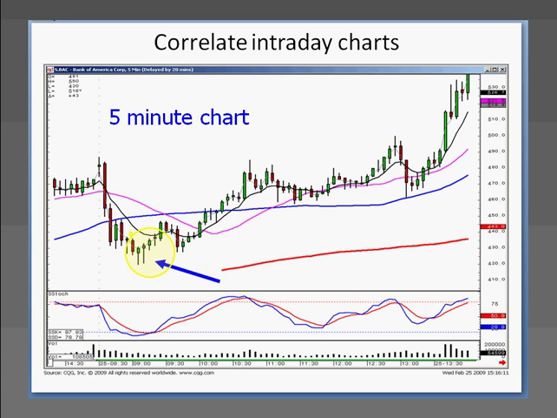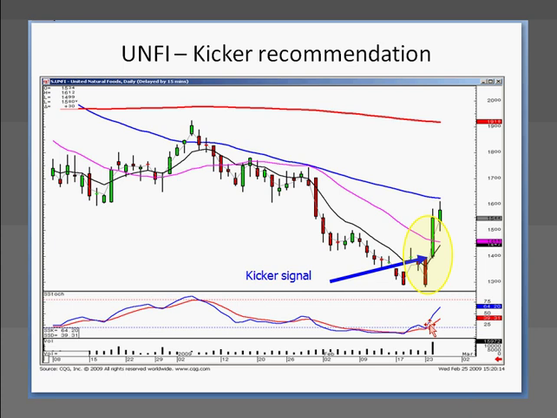Just to be clear, the initial stop loss of any trade is on the close, not the intraday. Correct? Yes. But to clarify that, let me see if I can find one. If I happen to see a kicker signal, is that the right one?